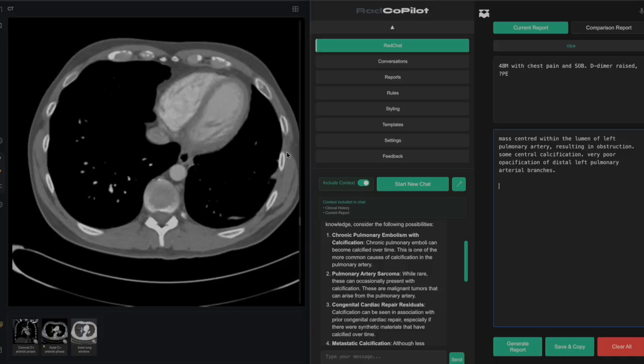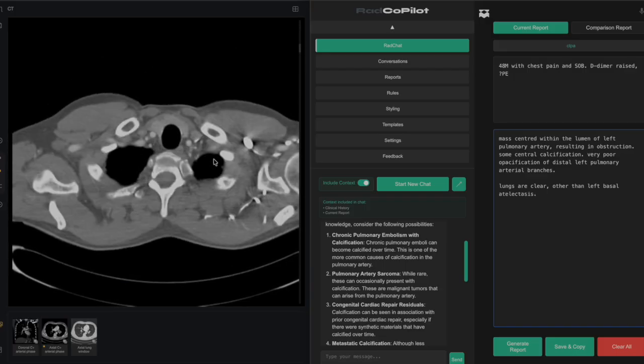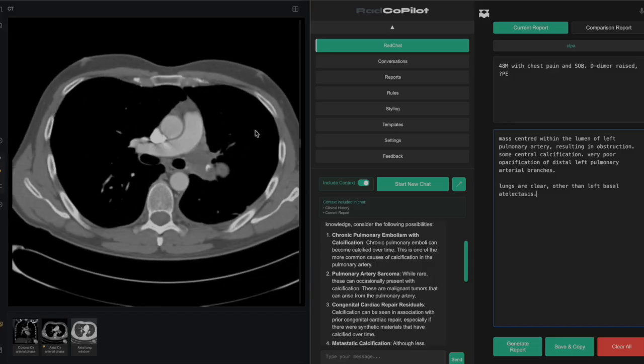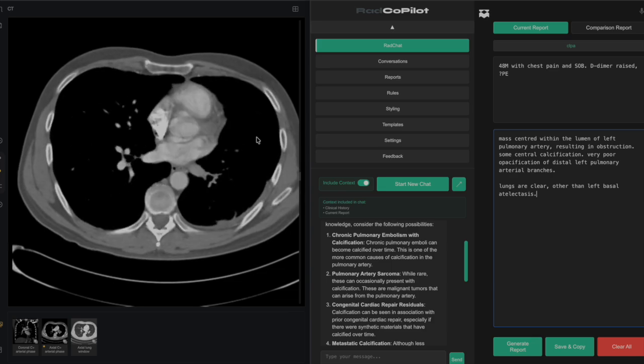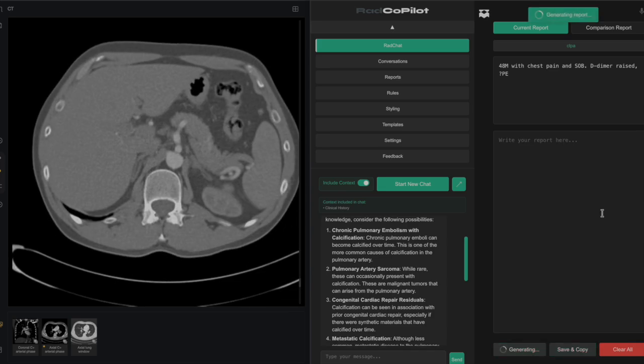What else should we say? I guess we could say lungs are clear other than left basal atelectasis. That would be good. And then we should probably have a look at the nodes within the mediastinum and throughout the scan. Nothing very significant looking. So let's generate a report with this.